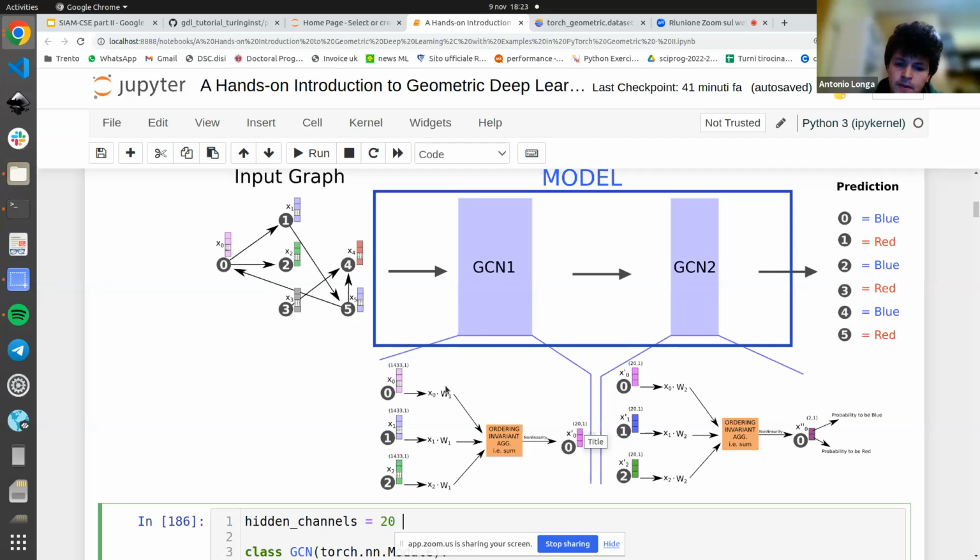So if W is 1433 times 20, once you do this product, the output is a vector of 20. And this is a hyperparameter that you can choose. It's often called the hidden channel dimension, so it's something that you are going to test.